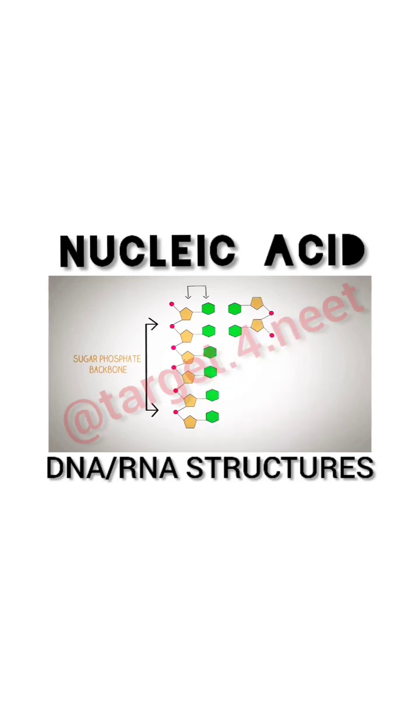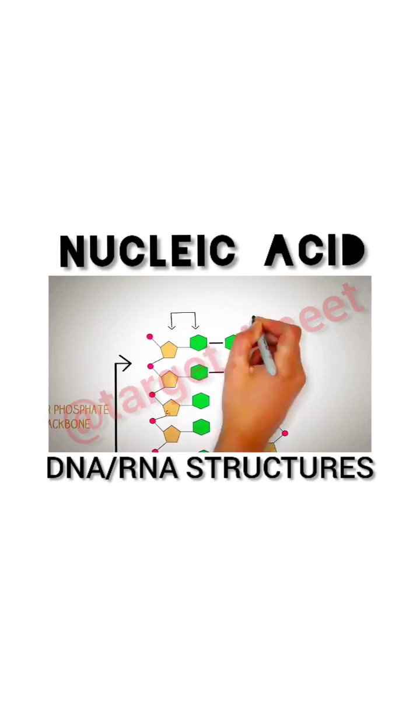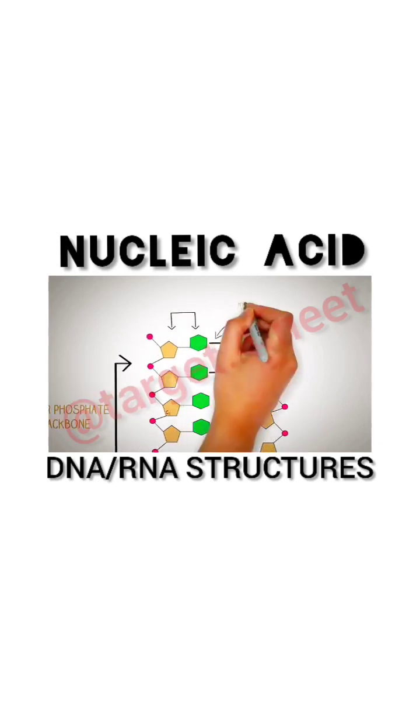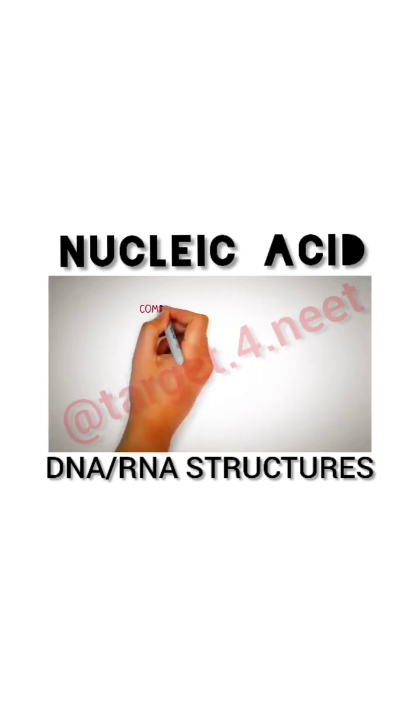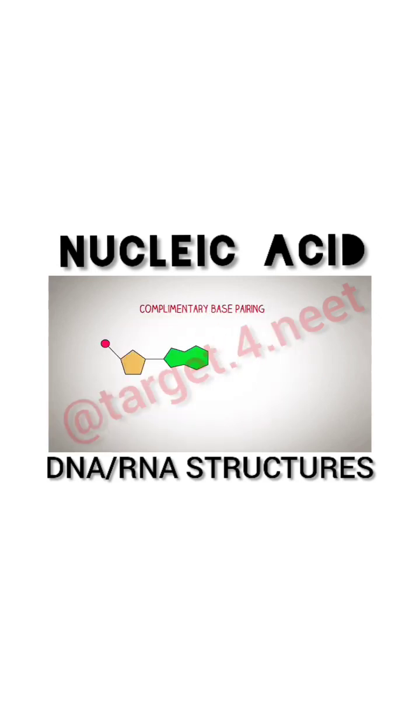But if we take a similar strand of polynucleotide and run it in the opposite direction, this strand binds with the original strand through hydrogen bonds. Now here comes the role of complementary base pairing. Complementary base pairing says that only adenine forms a hydrogen bond with thymine and only guanine forms a hydrogen bond with cytosine.